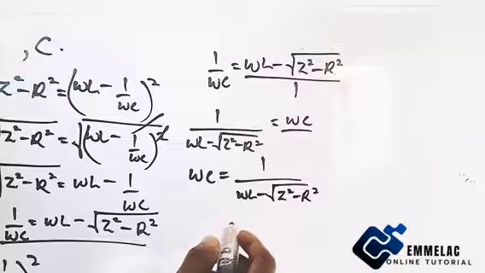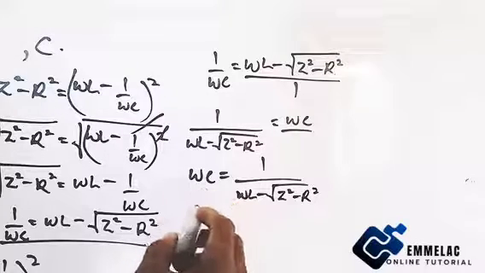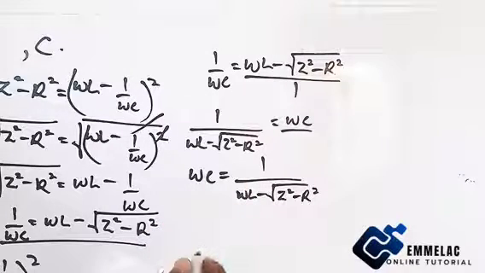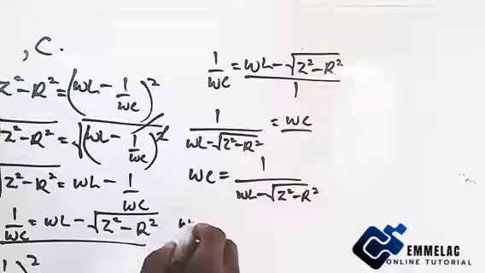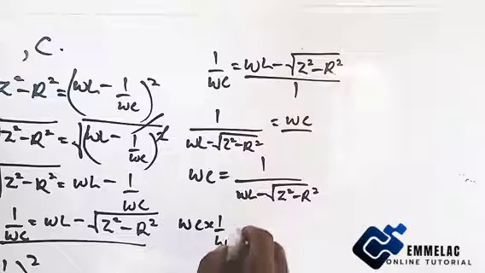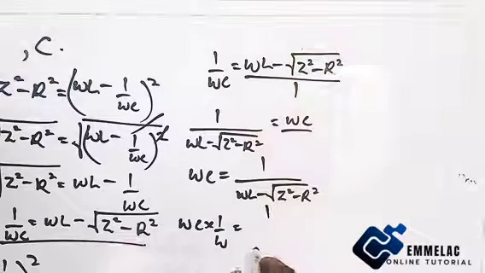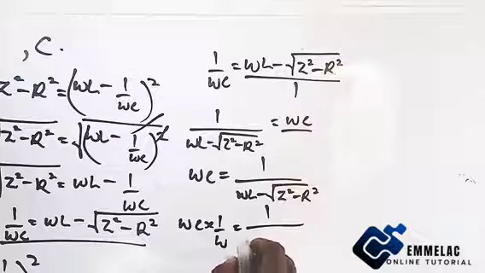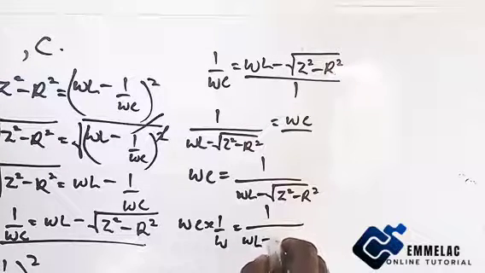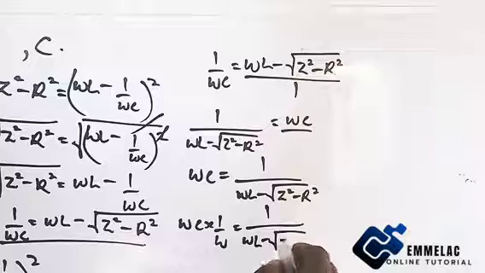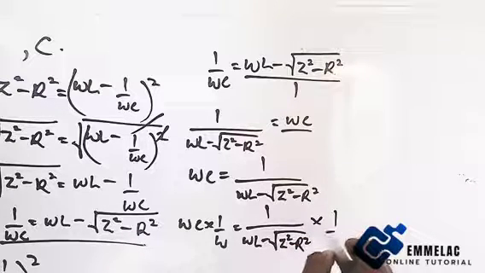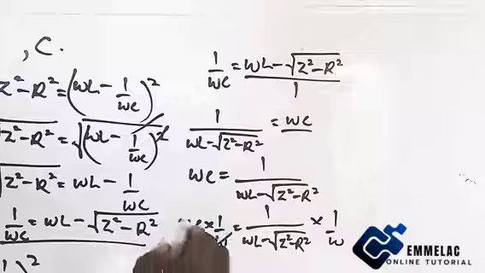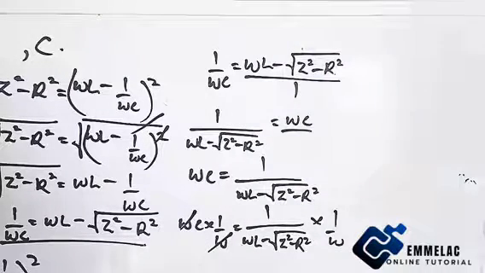So divide both sides by W, which means here multiply both sides by 1 over W. So here WC times 1 over W equals 1 over WL minus the square root of Z squared minus R squared, times 1 over W. So this will cancel out this at the end of the day.